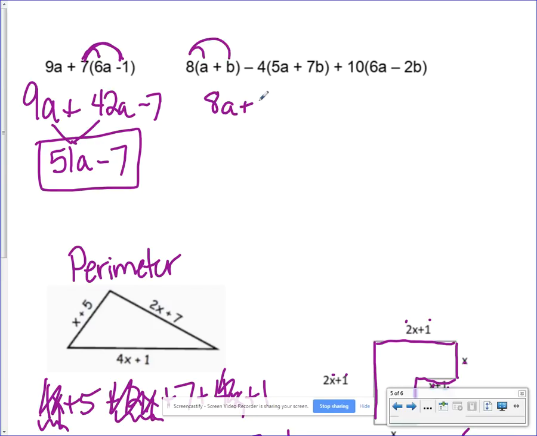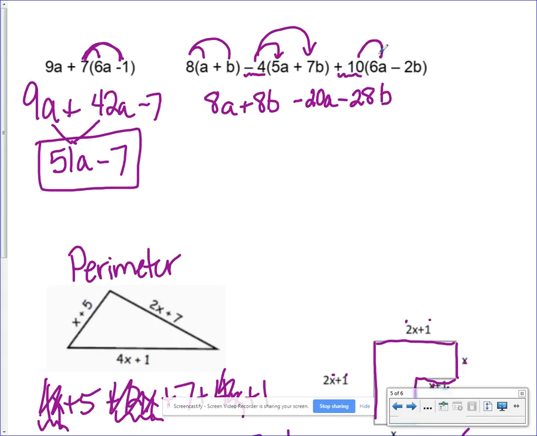I think what my problem is I write so big. Okay, put a squiggle line right here with that minus sign and the 4. That's negative 4 times a 5a is negative 20a. This will become negative 4 times positive 7b, negative 28b.